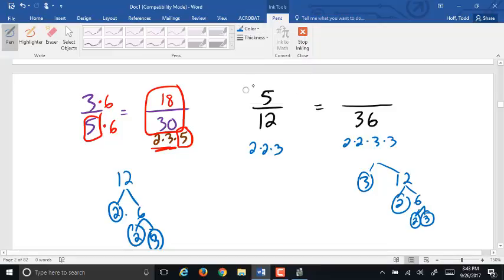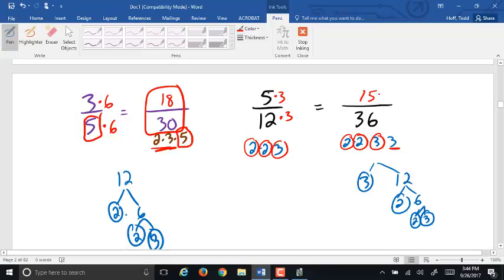So we start out by looking for what they have in common. They both have a 2. They both have a second 2. They both have a 3. The difference is that 3. So what do I need to do over here? Multiply by 3 to make it 36.